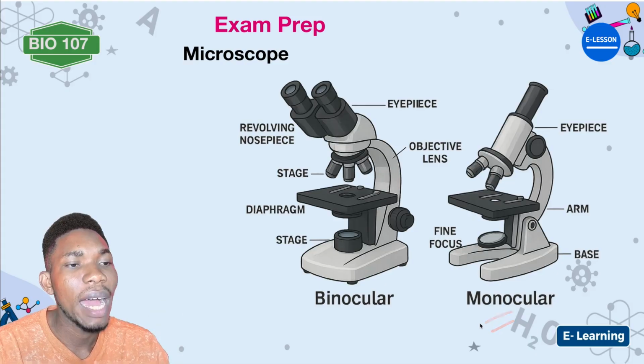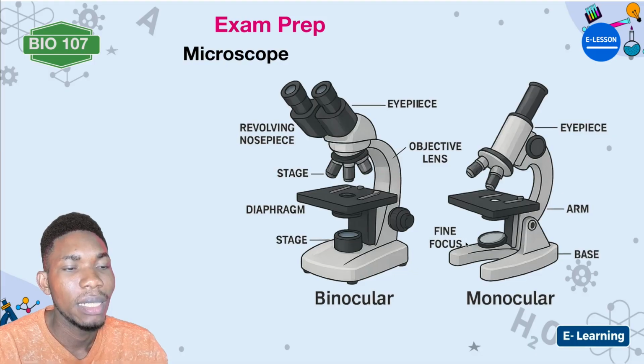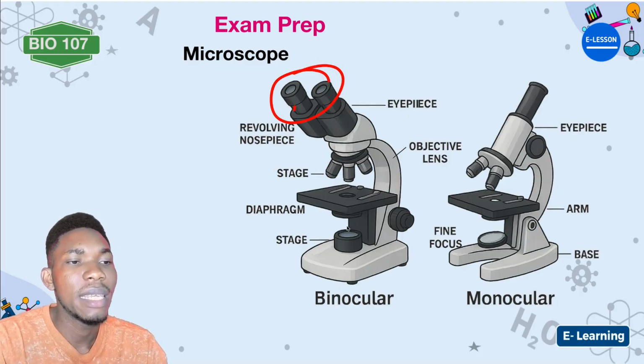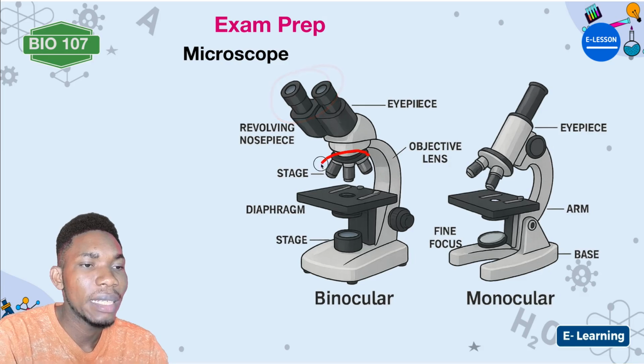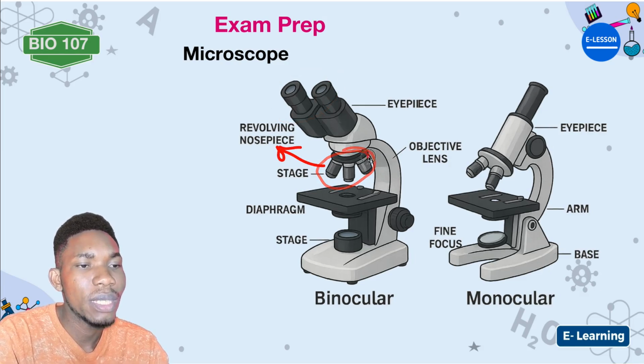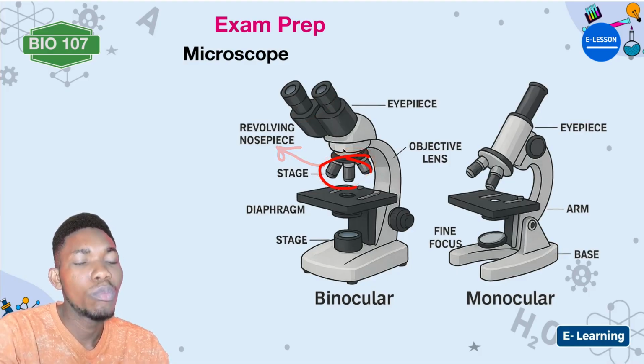Now these are the various parts of the microscope. Although you get the labeling there, let me point out the different parts for you. Of course, this part here is the eyepiece. Then this part here is what they call the revolving nose piece, because this part is moving.